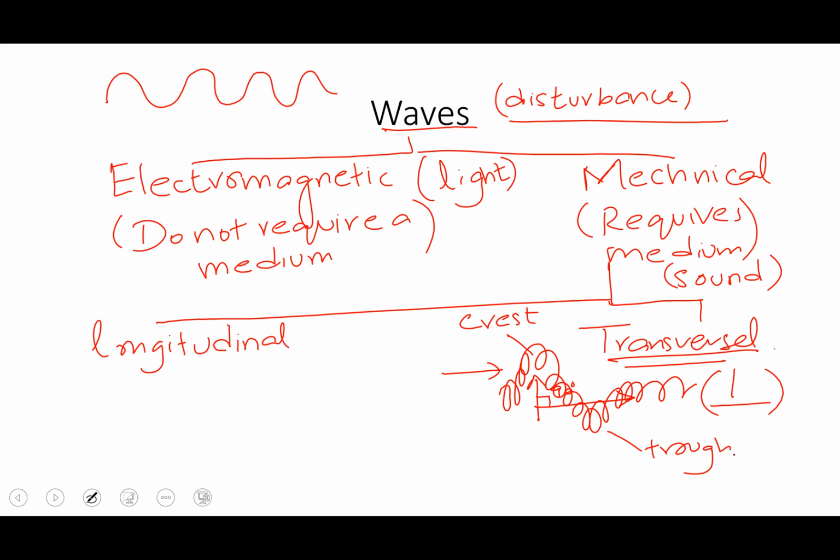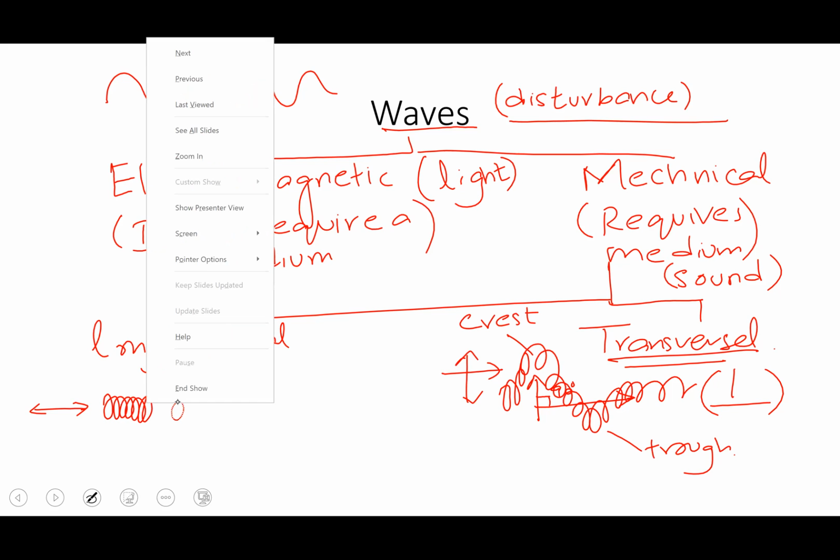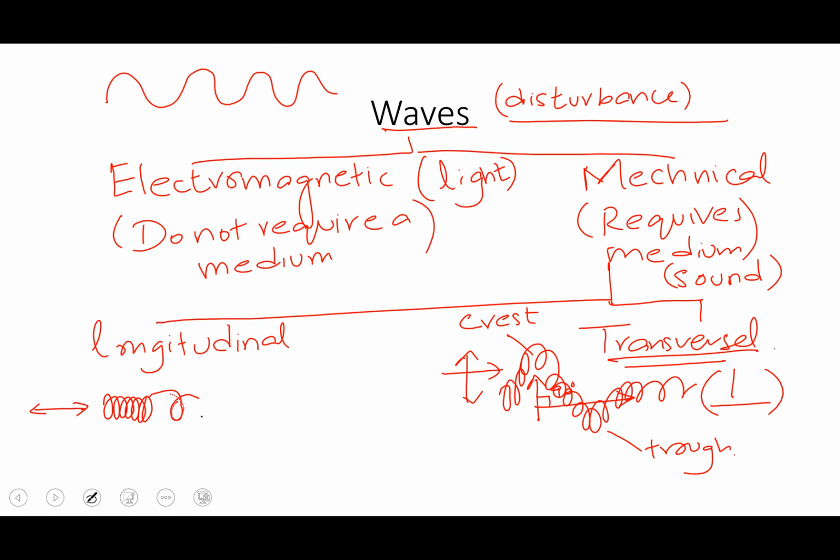Similarly, in a longitudinal wave, we are not moving the slinky upward or downward as in the case of the transverse wave; we are moving the same slinky forward and backwards. So it will compress the spring at certain places, and there will be a rarefaction, the stretched part, over here, and again a compression over here. So there will be two parts of this wave.